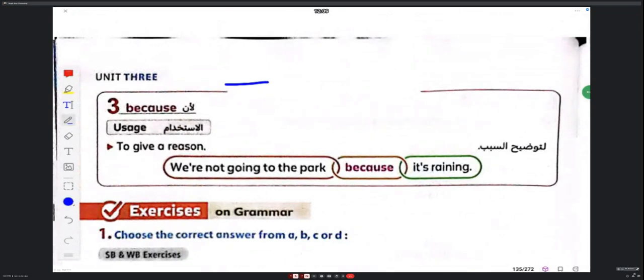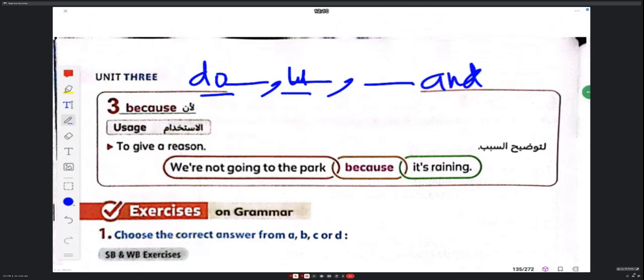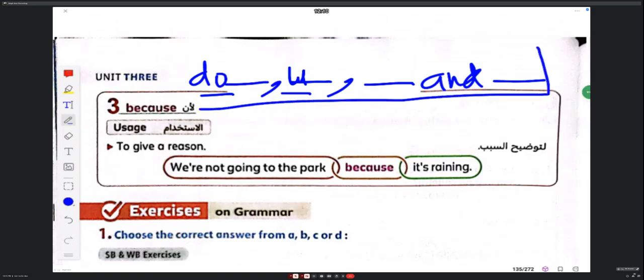And can join a list. I do my homework, I watch TV, I do this and that. For example, this is a list.